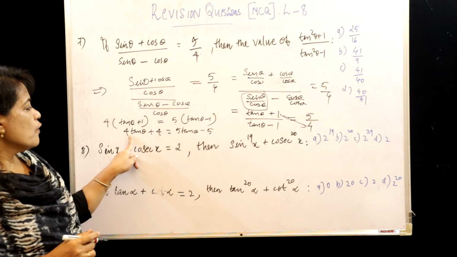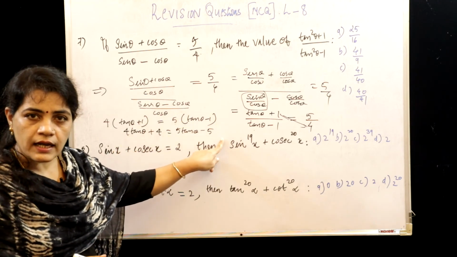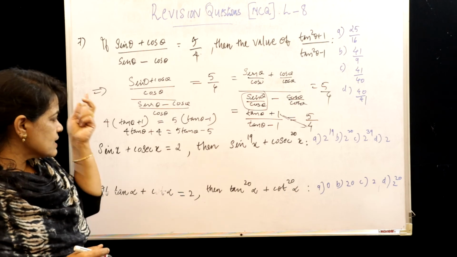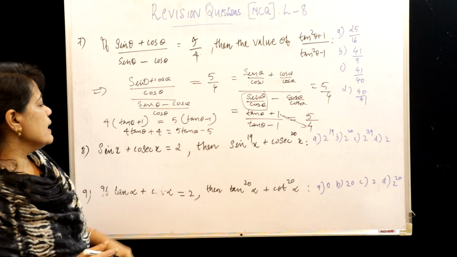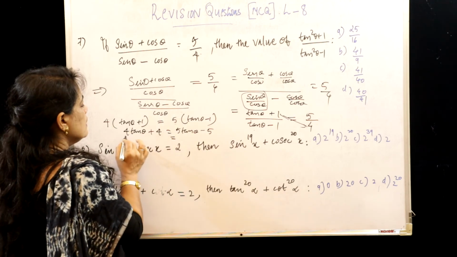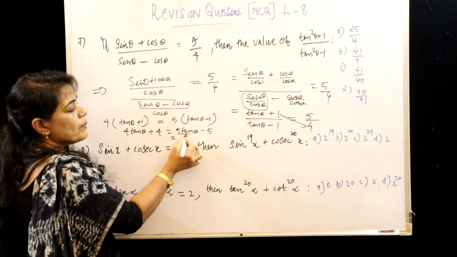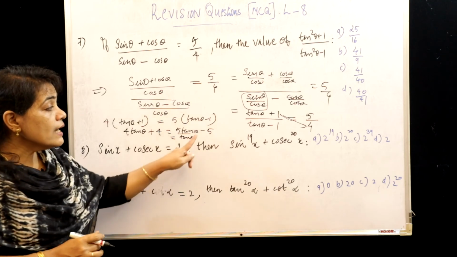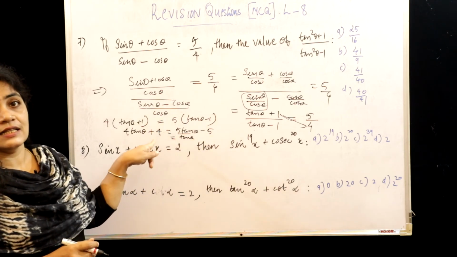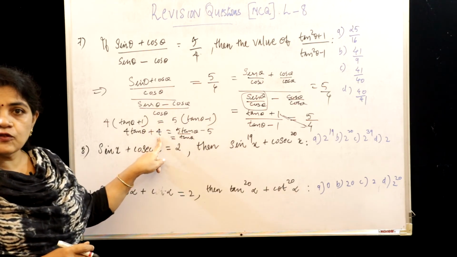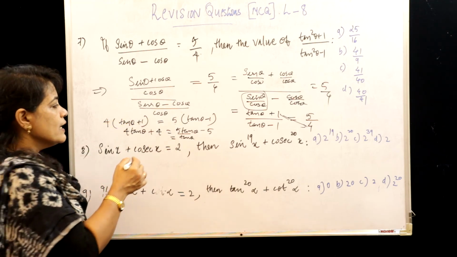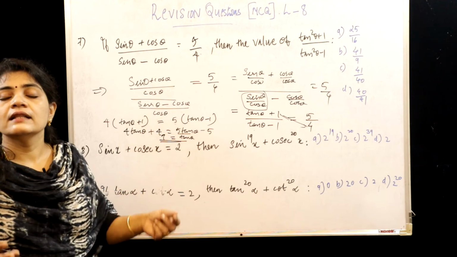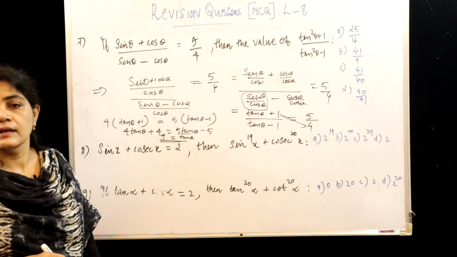And 4 tan theta when it comes to RHS, minus 4 tan theta, and here plus 5 tan theta, that is simply tan theta. And minus 5 from RHS to LHS, plus 5. Here a constant 4 is there, so 4 plus 5 together 9. That means we have now tan theta equal to 9.